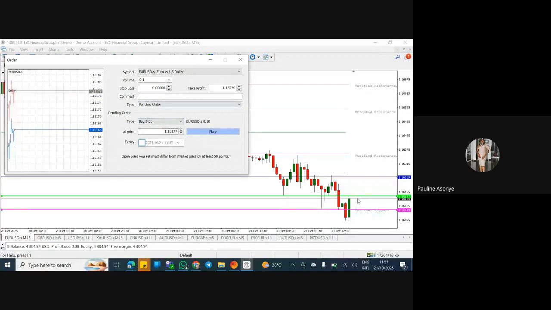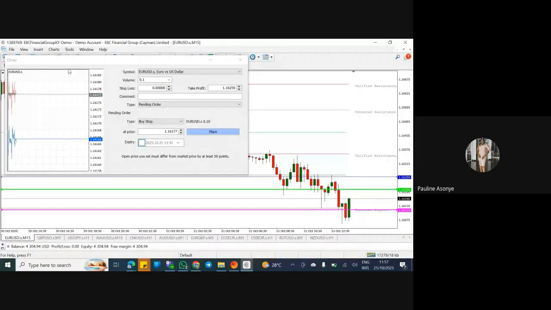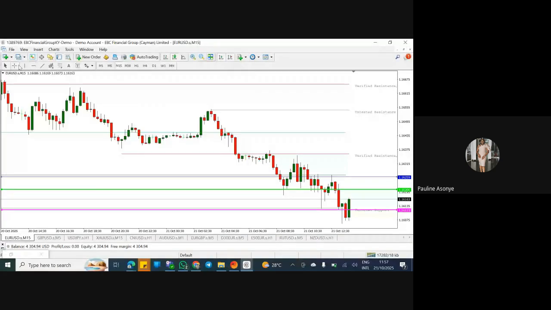Buy stop. Oh, our entry, we can't even place a buy stop again because our entry is almost there. That is the problem. So let's move our entry to somewhere here. Let's see. It's 34 pips. It will not go.